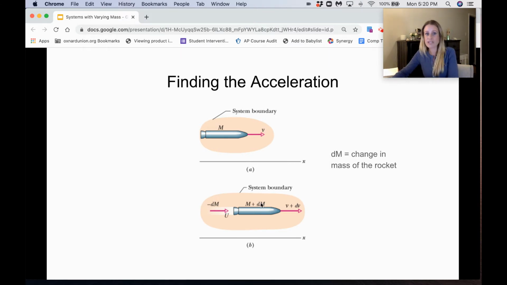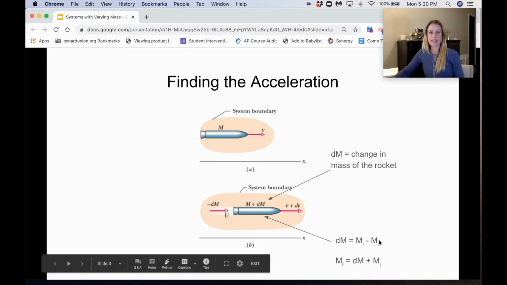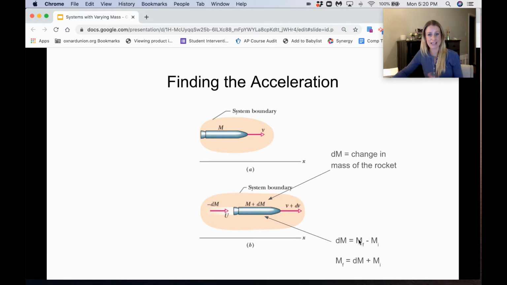Now, of course, it's losing mass. So really, this is a negative quantity here, which is why we have to put a negative back here. So we have M plus dm. Now that dm will be our final mass minus our initial mass. And of course, like I said, initial mass is going to be larger than the final mass of the rocket as that fuel gets burned.